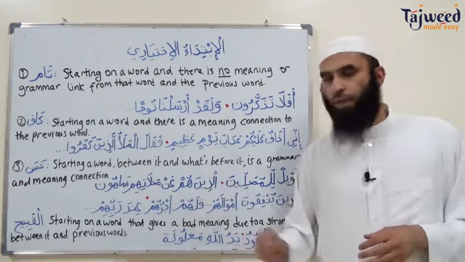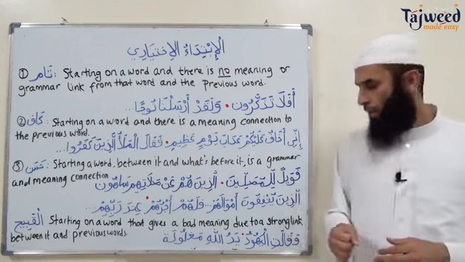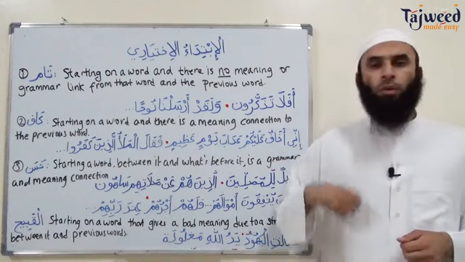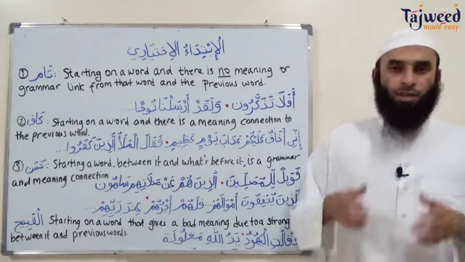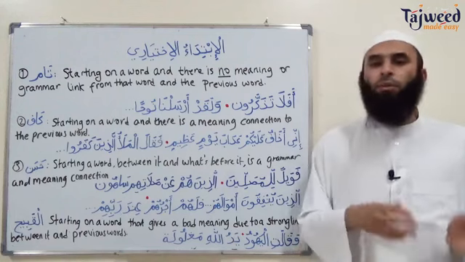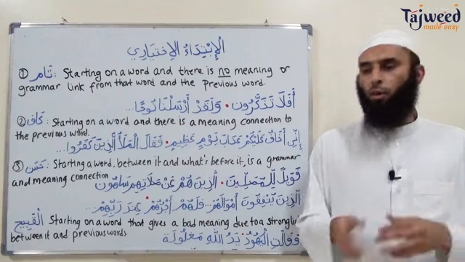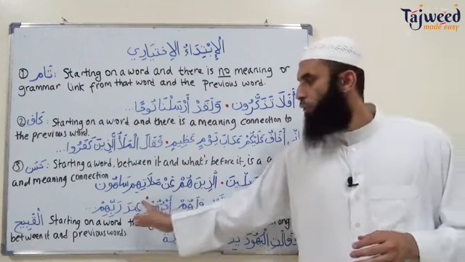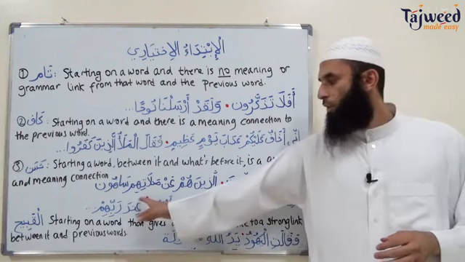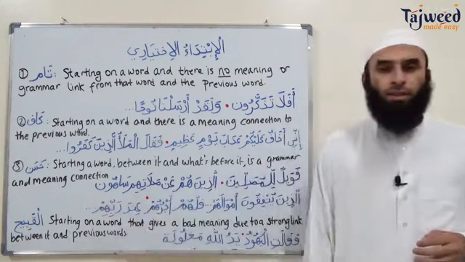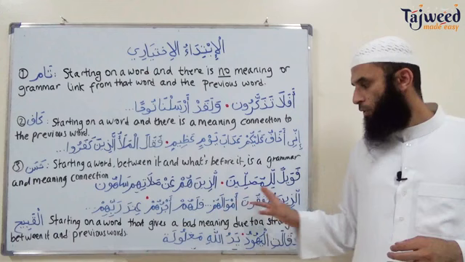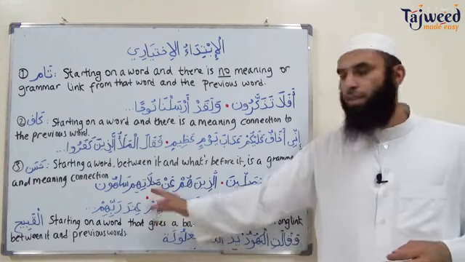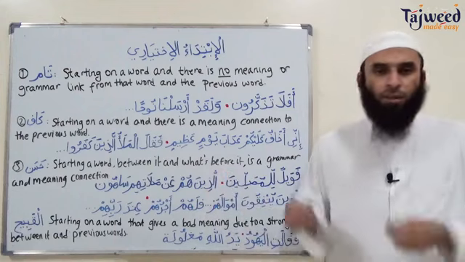If it's in the middle of an ayah, what's the ruling? For example, Allah says, الَّذِينَ يُنْفِقُونَ أَمْوَالَهُم, those who give in charity from their wealth, سِرًّا وَعَلَانِيَةً, بِاللَّيْلِ وَالنَّهَارِ, night and day, in secret and open, فَلَهُمْ أَجْرُهُم عِنْدَ رَبِّهِمْ, for them is a reward with their master. If someone were to stop at فَلَهُمْ أَجْرُهُم, for them there's a reward, it gives a good meaning.